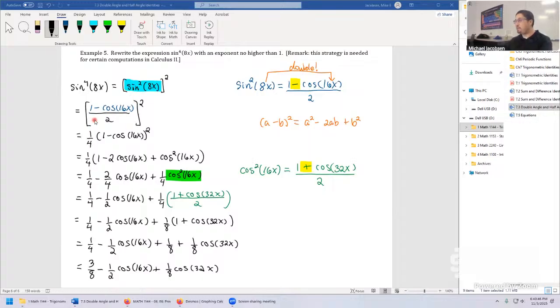So that was from this step here where I squared out the numerator, 1 minus cosine 16x. But then it was the denominator squared for a 2 squared, and that's where that initial 1/4 came from. It took a little bit of digging to see where it actually resulted from. Does that make sense on where we got that 1/4? Yeah, absolutely. Other questions at the moment?